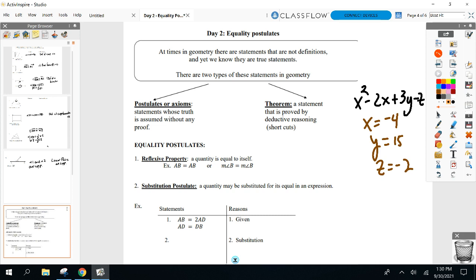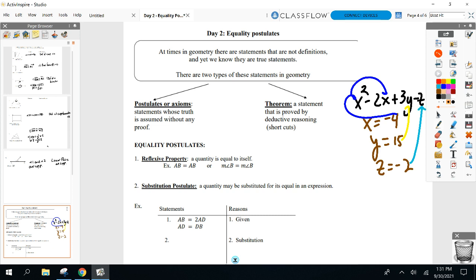How would you figure out what this value is? What are you going to do with the 4? Everywhere you see an x, substitute it in. What would you do with the 15? Substitute it in everywhere you saw a y. And what would you do with negative 2? Substitute it in everywhere I saw a z, correct?